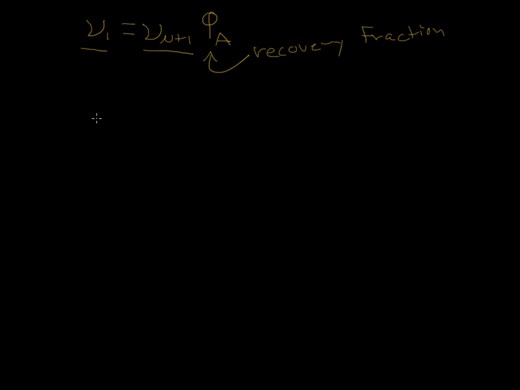All right, so based on the equation that we just developed, the recovery fraction then, phi A, is equal to V1 over Vn plus 1. And the equation we just developed told us that this ratio, V1 over Vn plus 1, is this huge sum of products of A's, right?